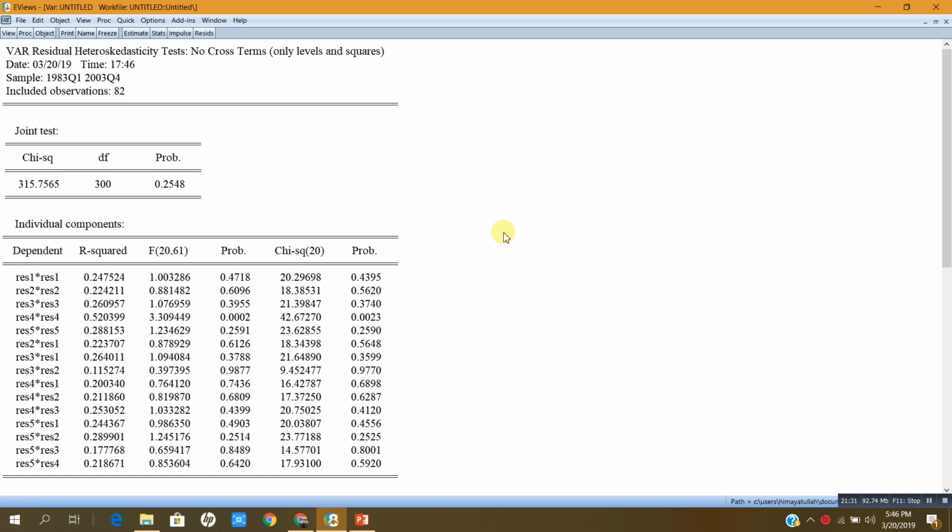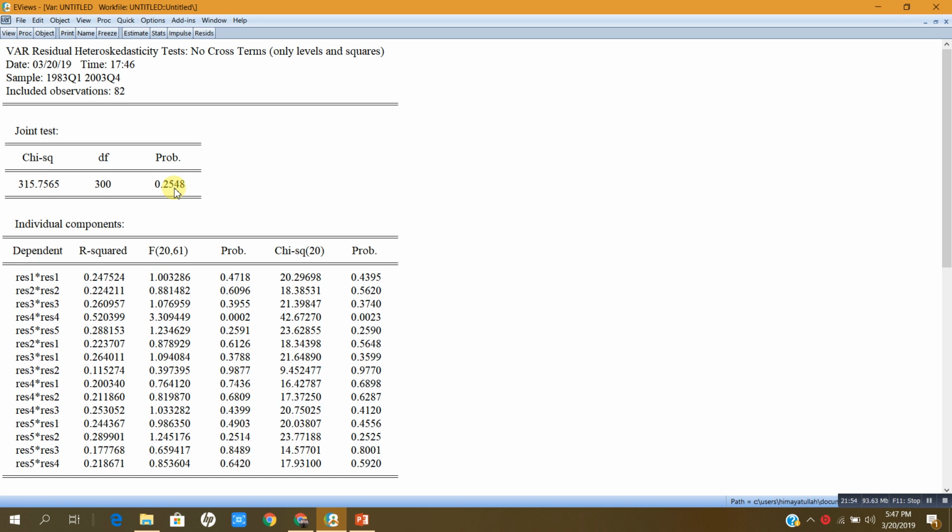So this is the joint test, the chi-square test. Its value is 315 and its p value is 0.25. So I fail to reject the null hypothesis of no heteroscedasticity. So both on serial autocorrelation and heteroscedasticity terms, this model is good.